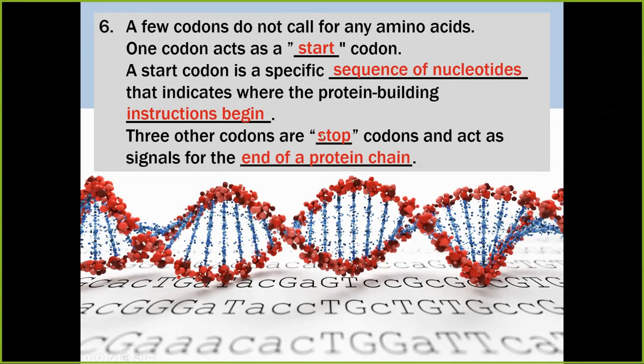There are 3 other codons, which are the stop codons. Those stop codons say, okay, we're done with our protein. So again, your DNA, it's all instructions. We read the DNA in chunks of 3. Those are codons, and the DNA gets turned into proteins in a 2-step process: transcription followed by translation.